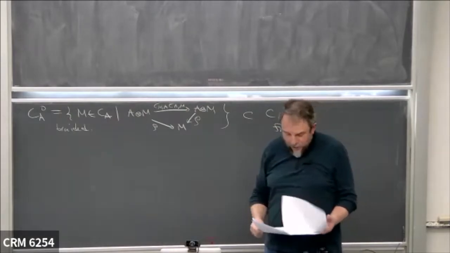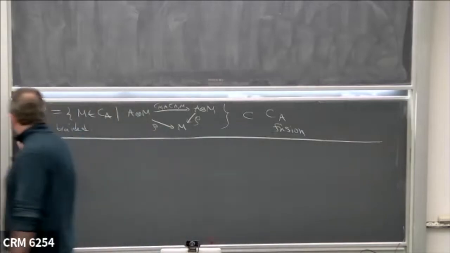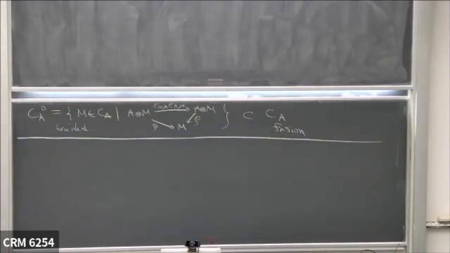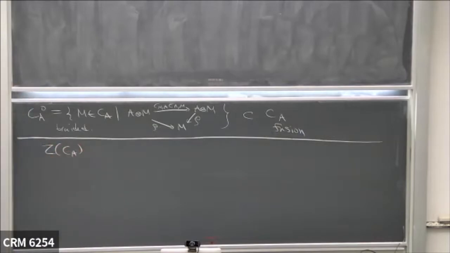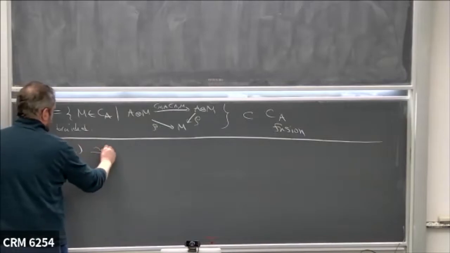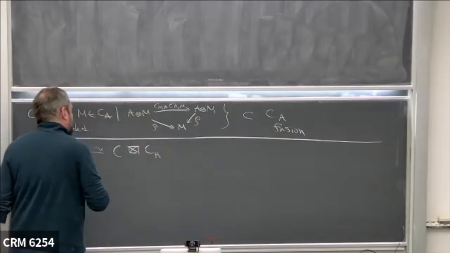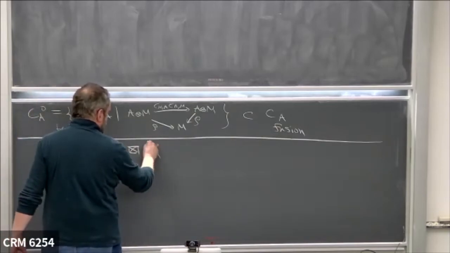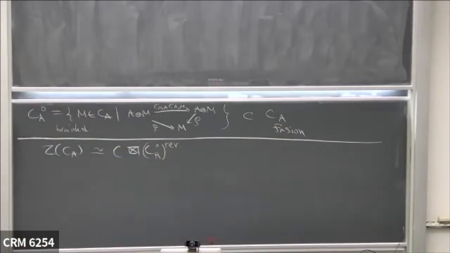All right. Now, how these things are related is going to be important for the rest. You see, here C is embedded into the center, and this is also embedded into the center. So the center of the category of A modules is equivalent to C tensor the reverse of the category of local modules. So again, how does one prove this result?